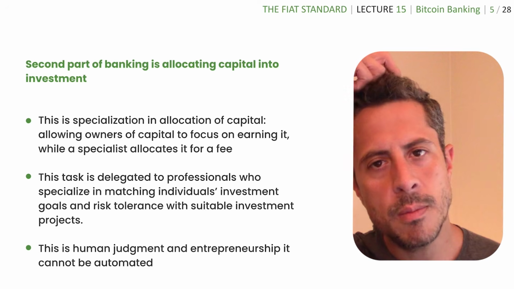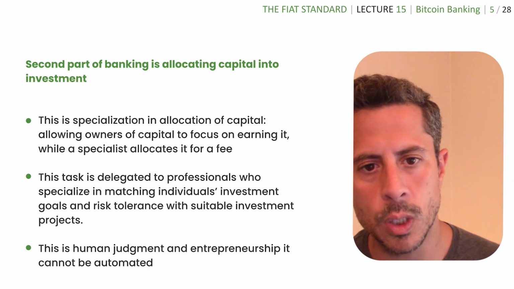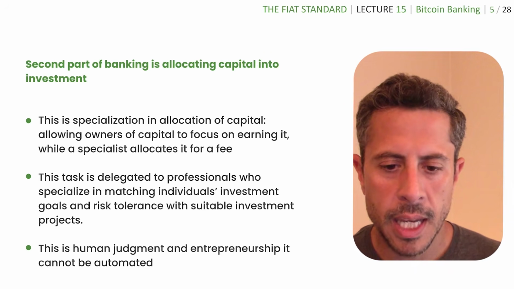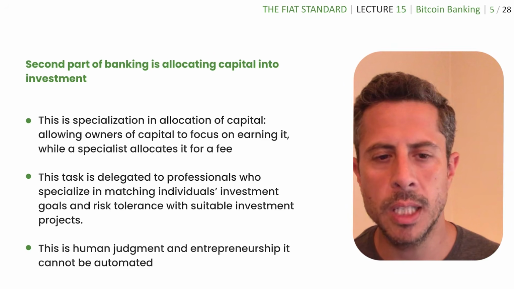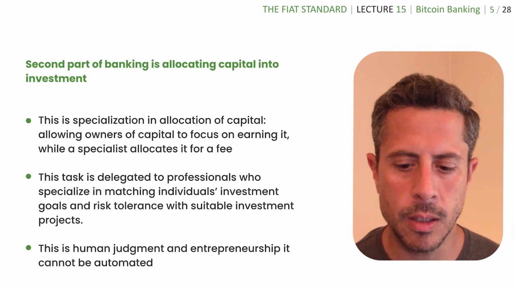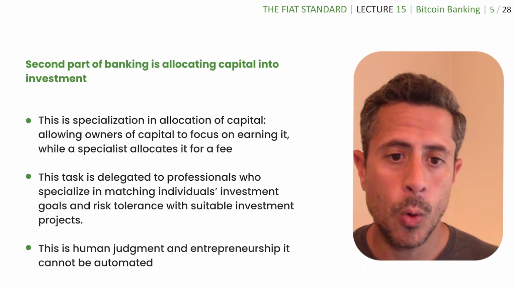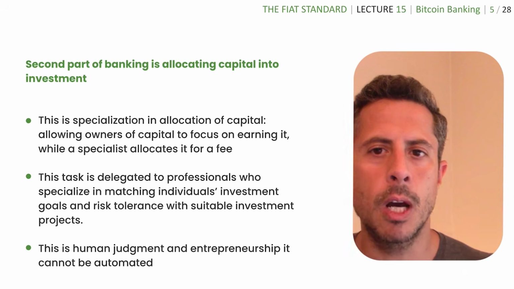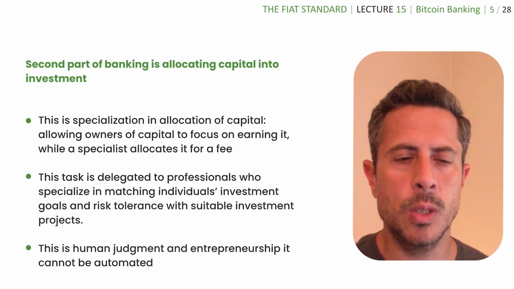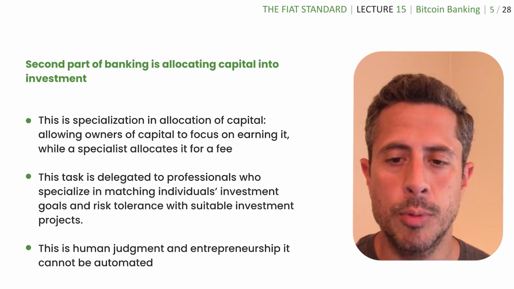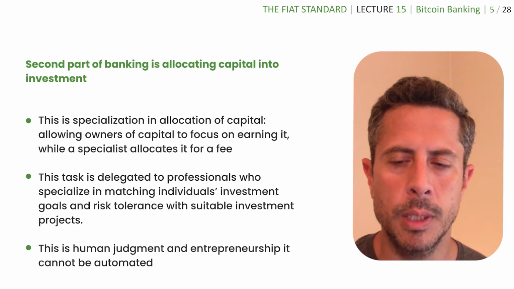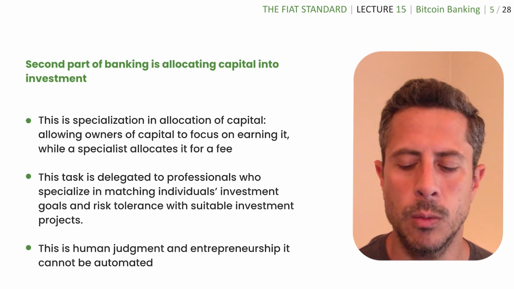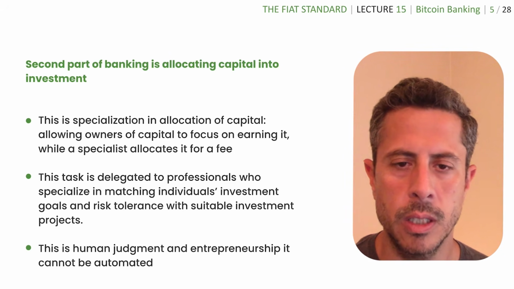So this is basically how the model works for investment, and it can be done in two ways. It can be done in a way focused on equity, or it can be done in a way based around credit. And of course, in the current world, it's predominantly built around credit, because that's how the fiat world works, as we discussed in the earlier chapters.